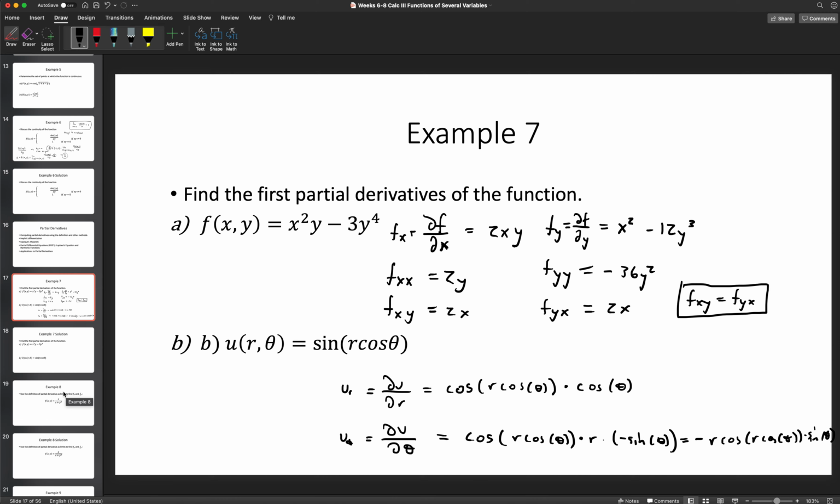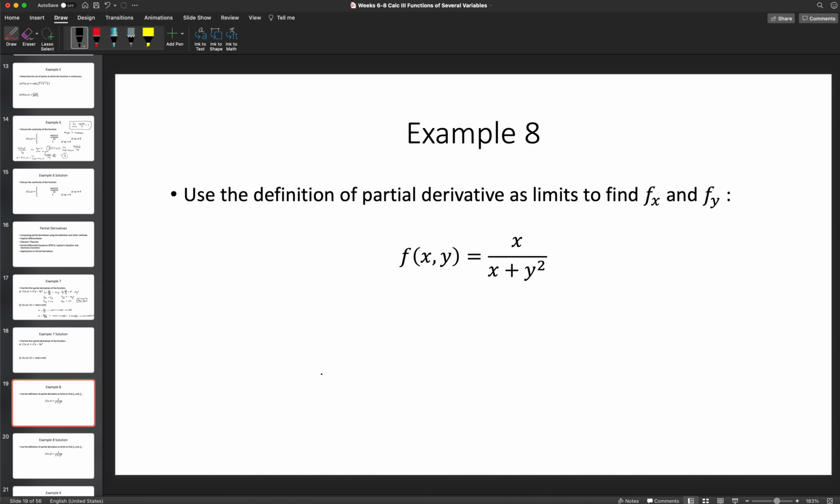And by the way, everything that we're doing here can easily be extended out to 3 variables, okay? So there's not too much difference in what we're doing here, except you have x, y, and z perhaps as your input. You have a triple instead of an ordered pair, but basically all the computations are more or less the same.